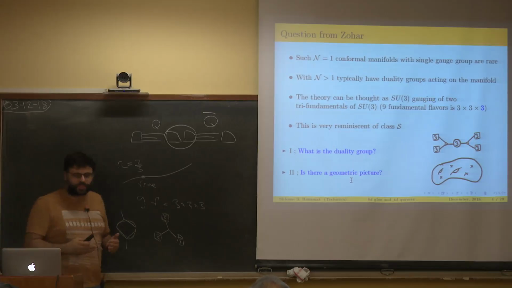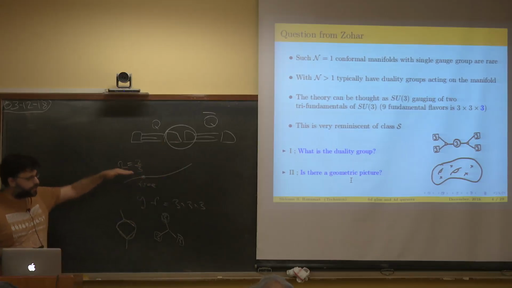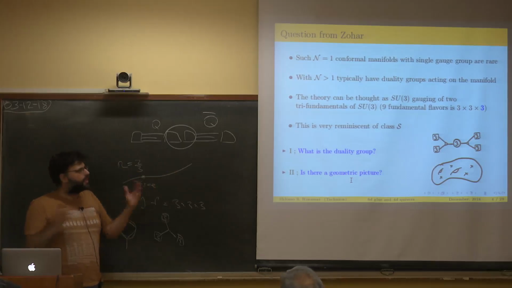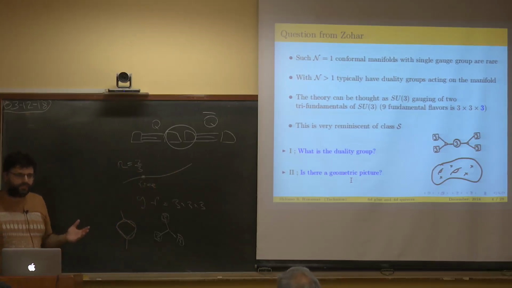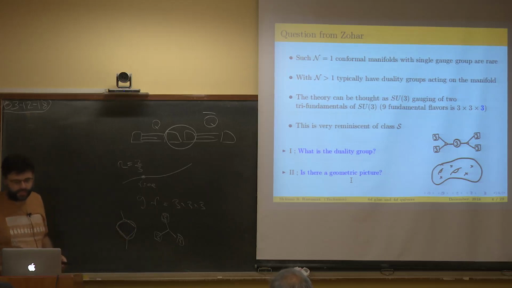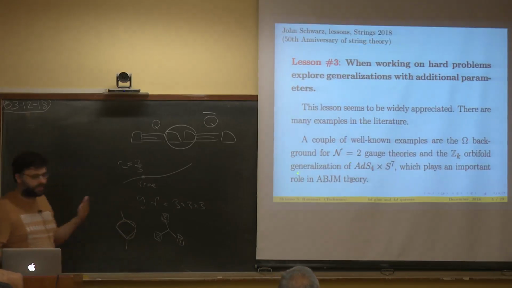We do have a machine which can generate answers for such questions. And that's what we will do today. We will answer this question, and it will be an example of how this program of relating 6D and 4D theories works, and can generate interesting physical facts.